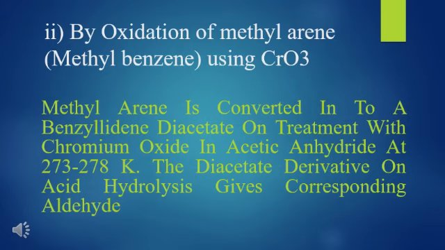Then the second reaction is by oxidation of methyl arene. Methyl arene is also known as methyl benzene, using chromium oxide. Methyl arene is converted into benzylidene diacetate on treatment with chromium oxide in acetic anhydride at 273 to 278 Kelvin.